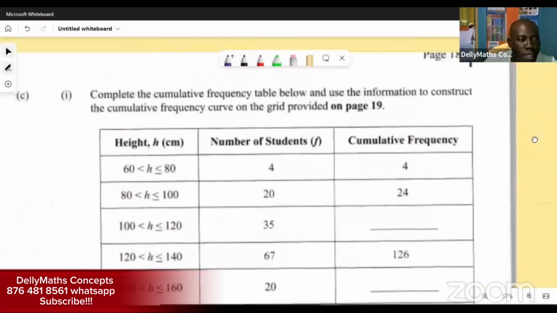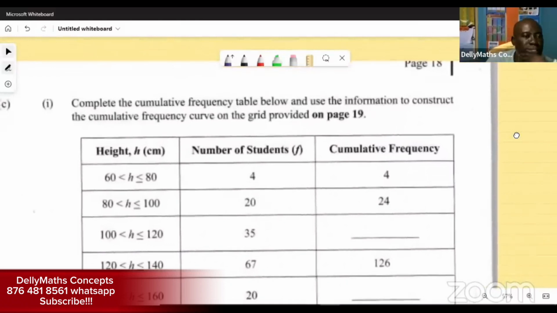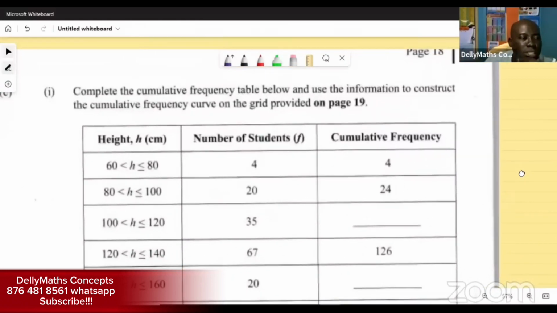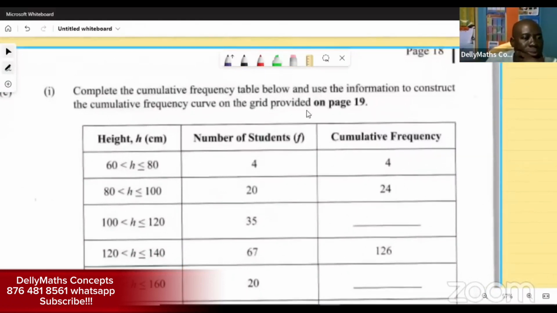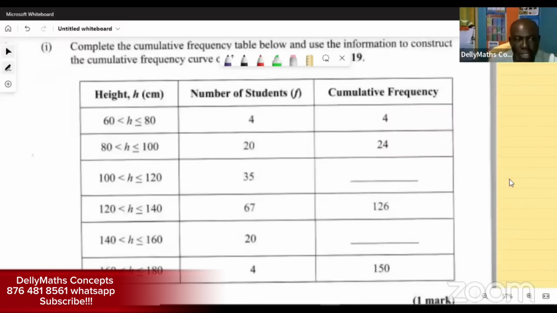Next question. Complete the cumulative frequency table below and use the information to construct a cumulative frequency curve on the grid. Remember the cumulative frequency curve. So this 4 will be there. You're going to add 4 to your 20, and that's how you get 24. Then add 24 to 35 and you get 59.